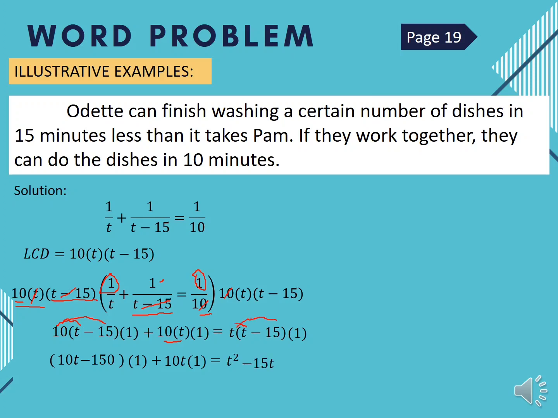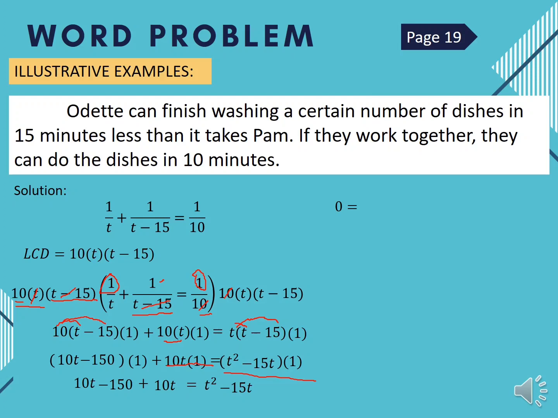T times negative 15, we have negative 15T. Then, i-multiply ulit natin by 1. Since ang mga number na i-multiply natin is 1, okay, padali na yan. So, we just need to copy. 10T minus 150 times 1 is equal to 10T minus 150. 10T times 1 is equal to 10T. Is equal to T squared minus 15T times 1 is equal to T squared minus 15T.